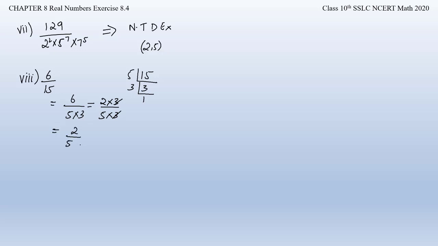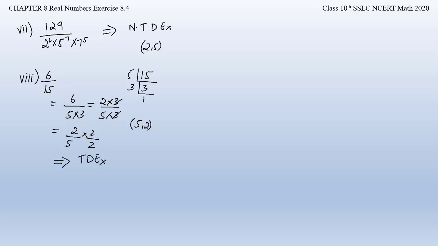Now we can create a pair of 5, 2 by multiplying and dividing the numerator and the denominator by the number 2. Here we get 2 2s are 4 divided by 5 into 2. So since we have obtained the pair of 5, 2 in the denominator, we can say that this rational number 6 by 15 is a terminating decimal expansion.